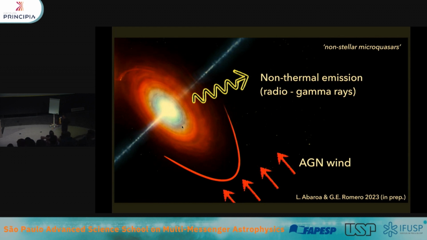So we don't know if this system exists. We are trying to find out if this really can happen. But the idea is that the stellar mass black hole captures matter from the AGN wind and forms this small accretion disk. And if we have an accretion disk here, we can have also a jet.